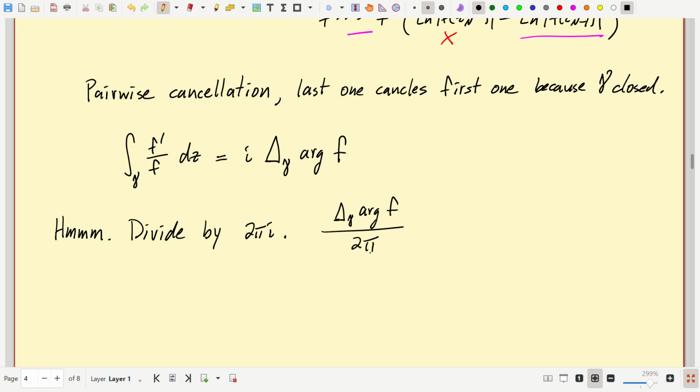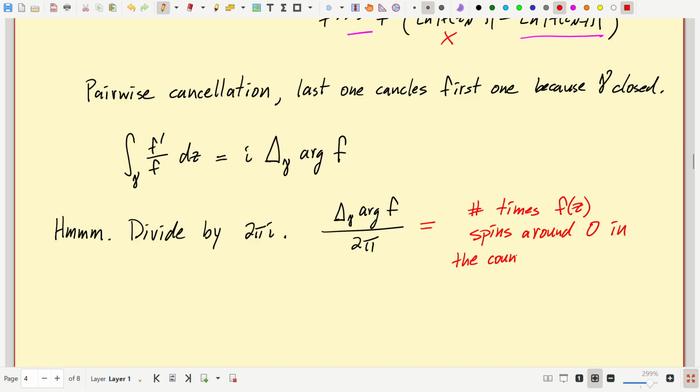If I divide the increase in the argument by 2 pi, that's the number of times f of z spins around the origin. F of z spins around 0 in the counterclockwise direction.